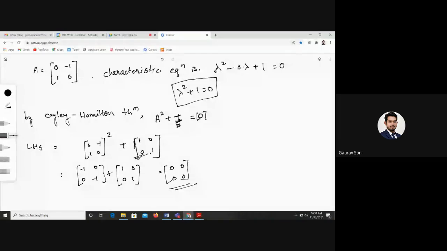This is the meaning of Cayley-Hamilton theorem, a very important theorem as far as inverses and higher order matrices are concerned. So the theorem says that any matrix will satisfy its own characteristic equation. So how do we use it? The major question is, how do we use it?